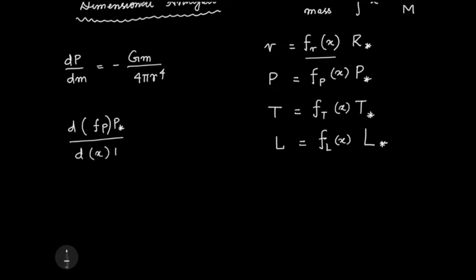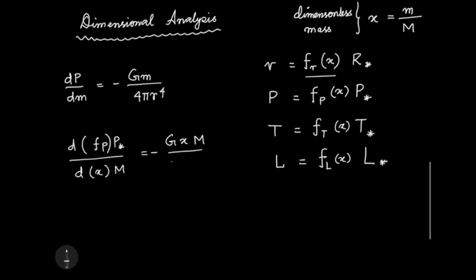And m is x times capital M. So what I can write now is P star equals, I have two m's and r to the 4.